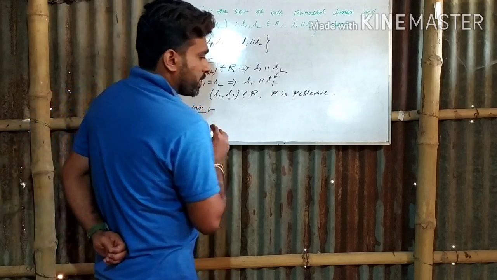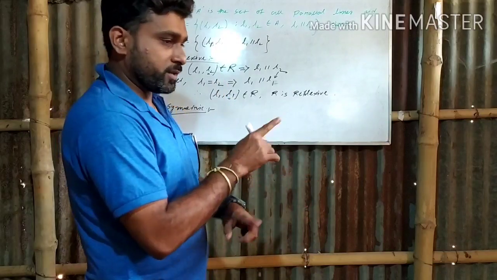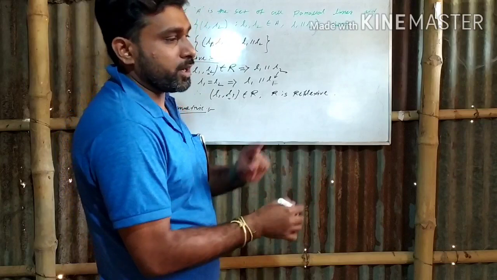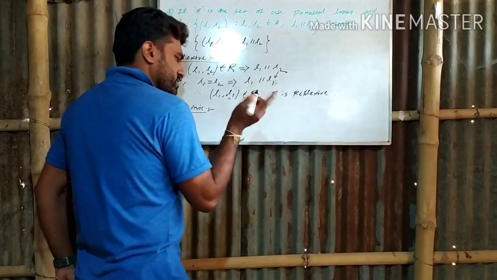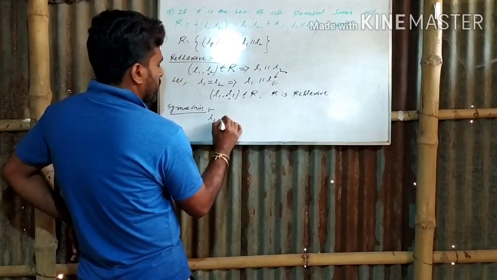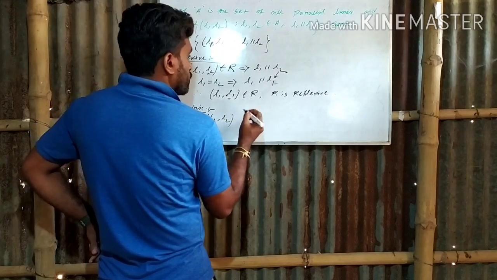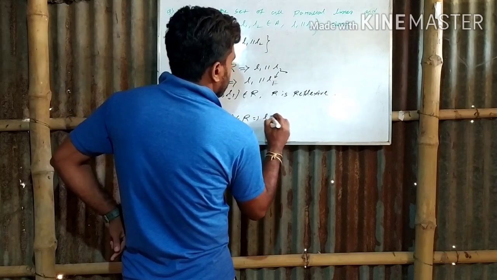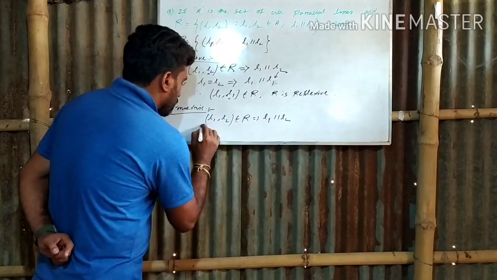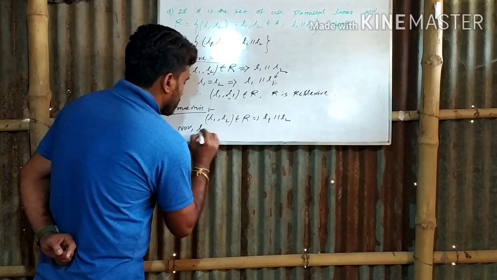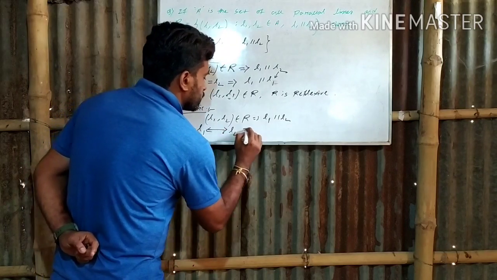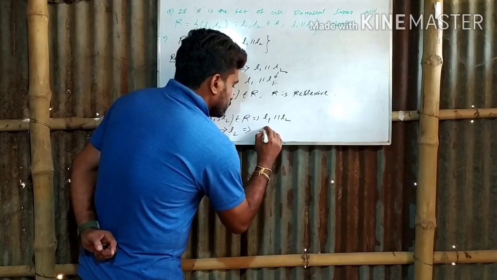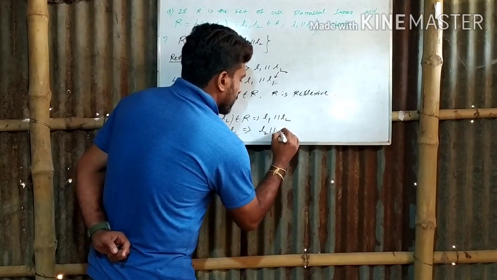Then the symmetric property. For this symmetric property, we have to interchange their positions. That means in place of L1, we use L2, and in place of L2, we use L1. Just interchange their positions. So L1 parallel to L2 implies, after interchanging their positions, L2 parallel to L1.